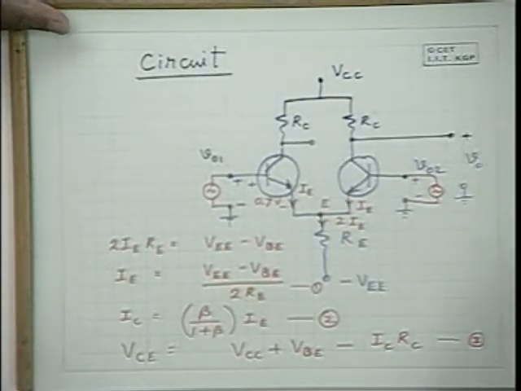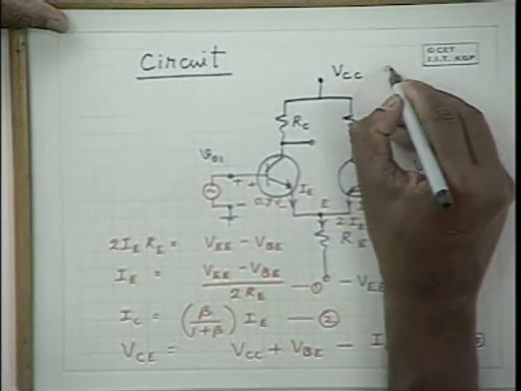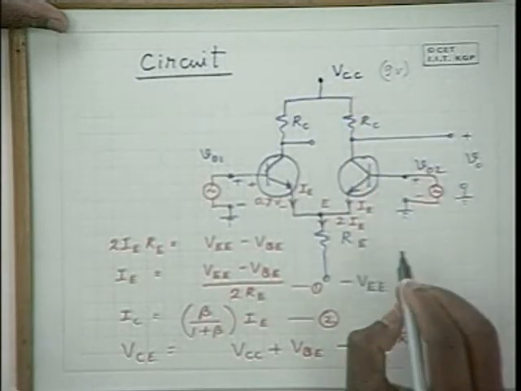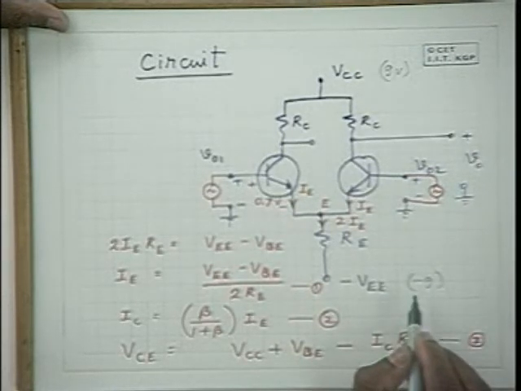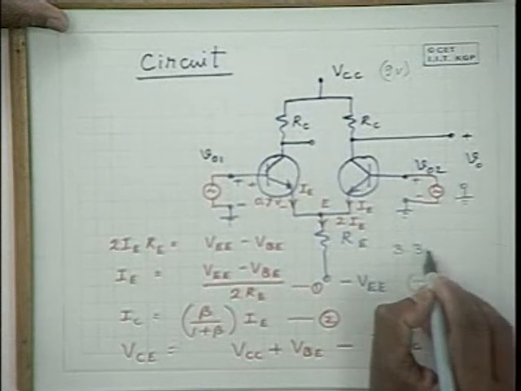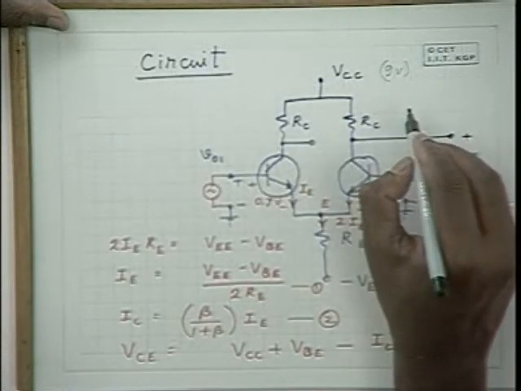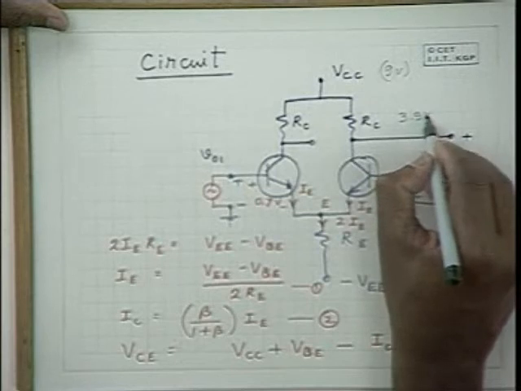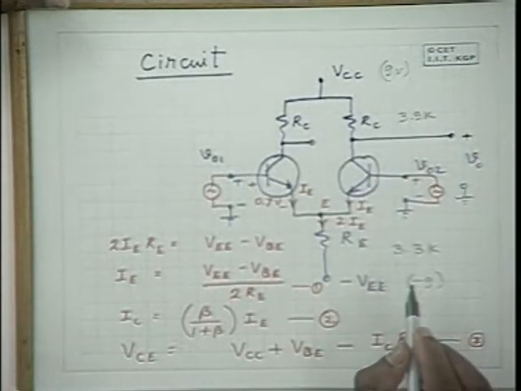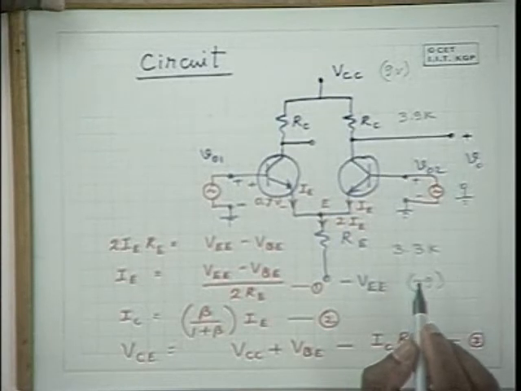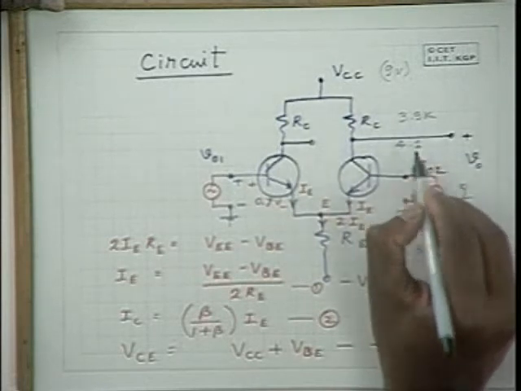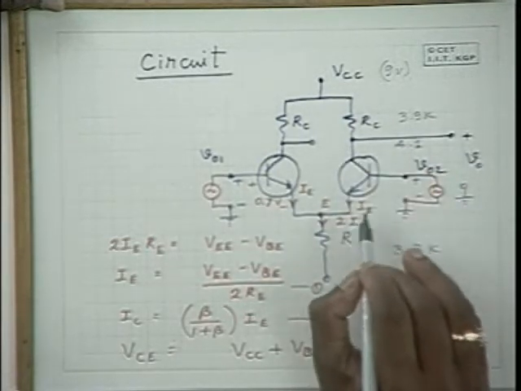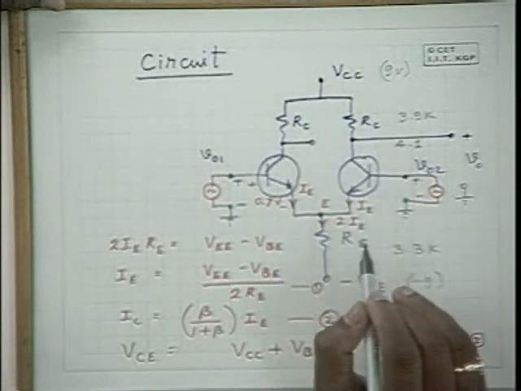As an example, if you use 9 volts supply here and then minus 9 volts supply here and a 3.3 K RE and 3.9 K RC, you can determine the collector point potential as 4.1 volts and VCE as 4.1 plus 0.7, 4.8 volts.